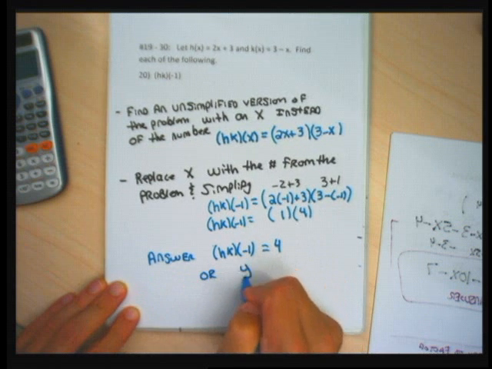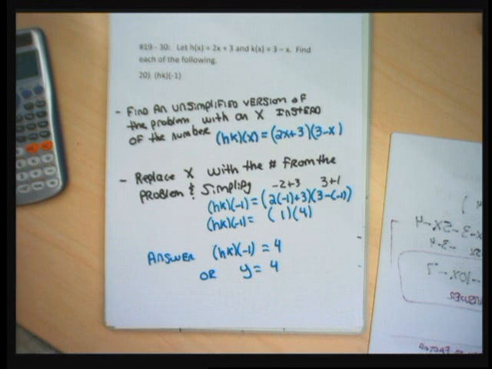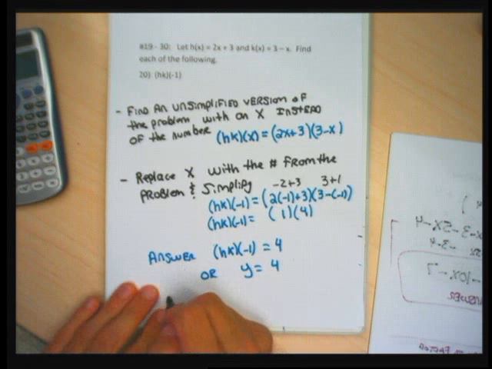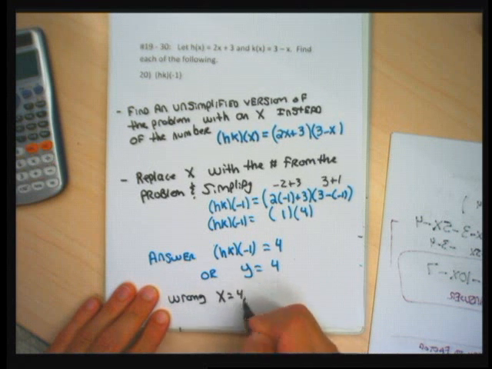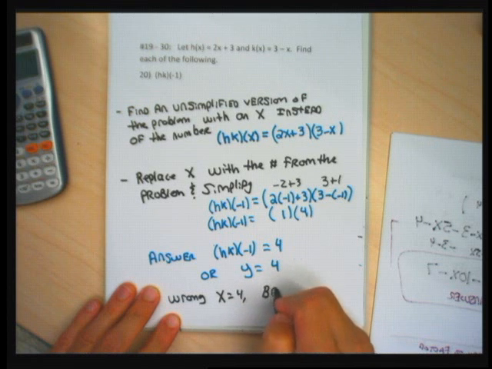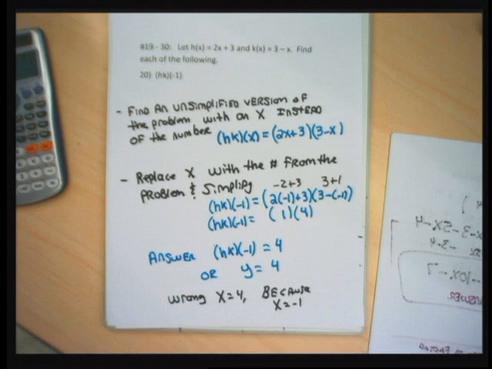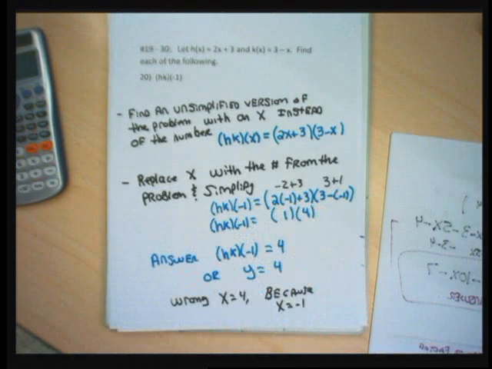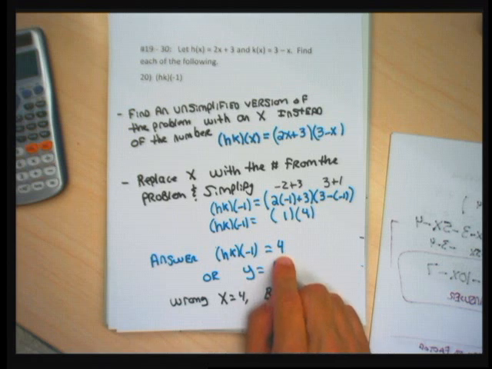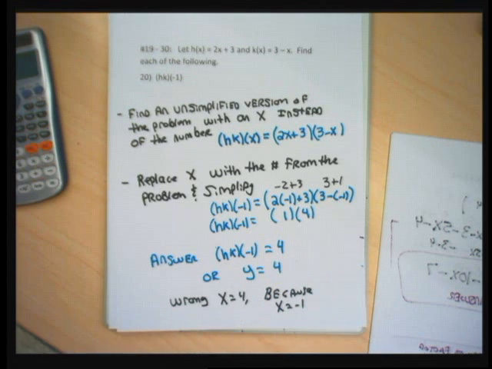If I want to, I can say y equals 4. It would be wrong to say x equals 4, because x is actually the number inside the parentheses, and in this problem it's -1, because that's what I changed the x to. Sometimes it's just tempting to write x equals when you're getting a numerical answer. But in function notation, because it's a number to the right of an equal sign, it stands for a y.